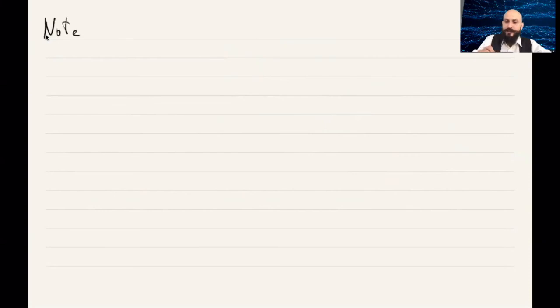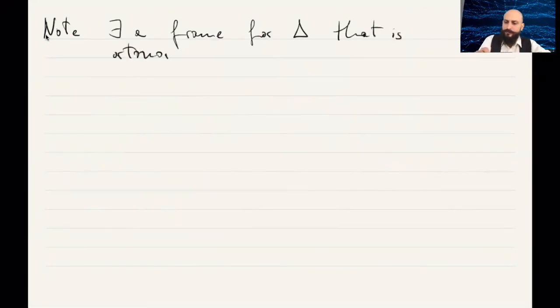Note here, there is a frame for delta that is orthonormal. In fact, let's consider the following vector fields.